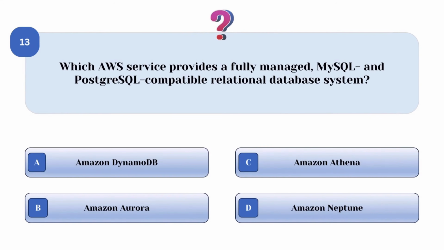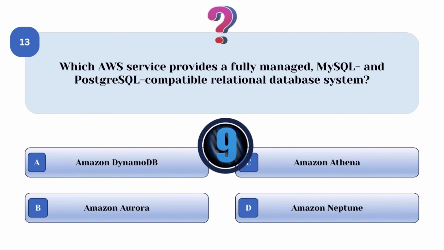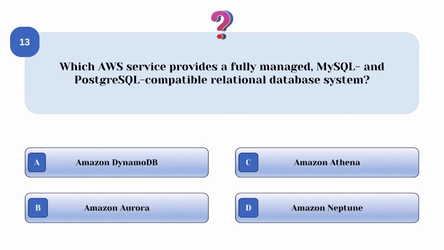Which AWS service provides a fully managed MySQL and PostgreSQL compatible relational database system? Correct answer: Amazon Aurora.